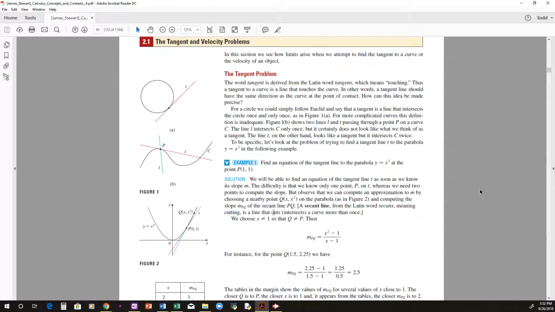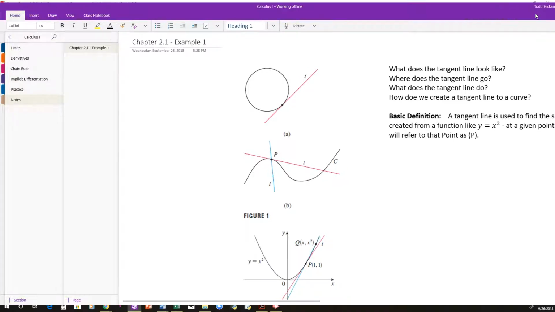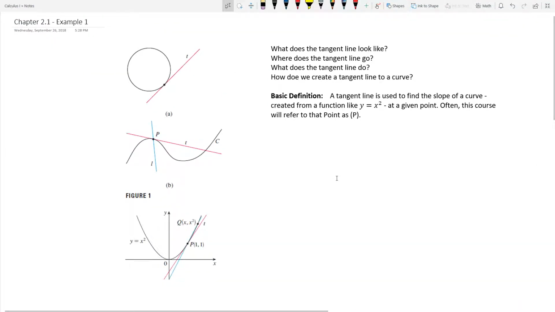So in your textbook, the very first thing that we're introduced to is the tangent problem. And what I'd like to do is show that now. We're given a circle and a curve, and then we're asked to solve the tangent line for the slope of a curve for the function y equals x squared.